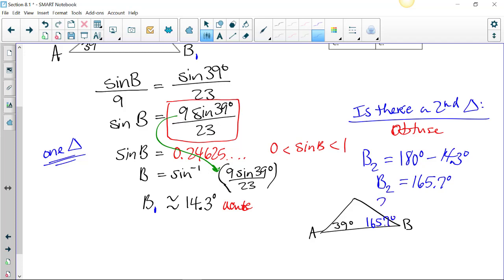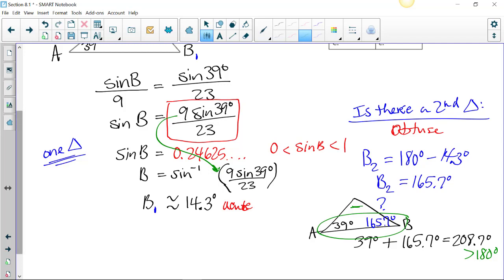Is that possible? Well, look what happens. When I take angle A, 39, and I add 165.7, I get 208.7, which is too much, right? This is greater than 180, so I can't add in my third angle.